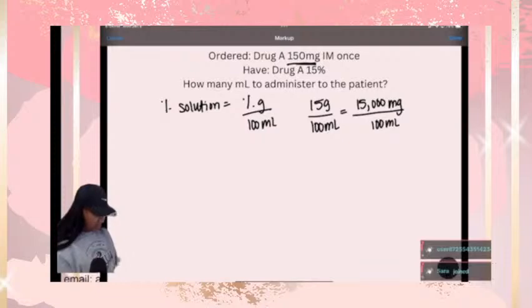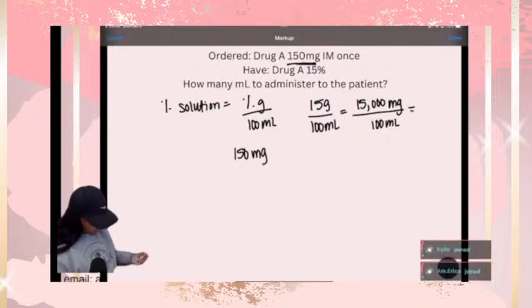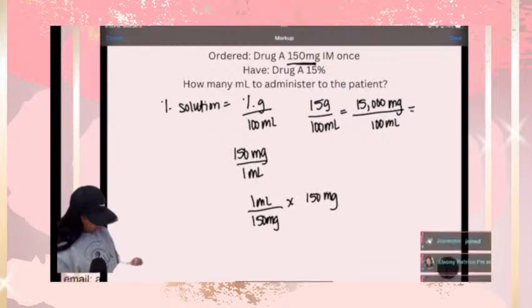I saw somebody ask about this one time. So that's going to be 150 milligrams per 1 mL. That's your concentration. So if you have 150 milligrams ordered once, how many mLs? If you do 1 mL with your concentration, you have 150 ordered, you're going to give 1 milliliter.